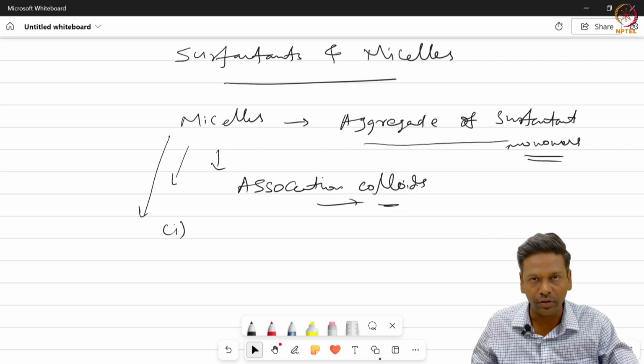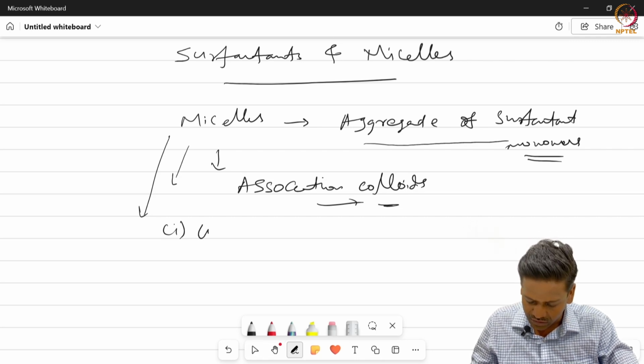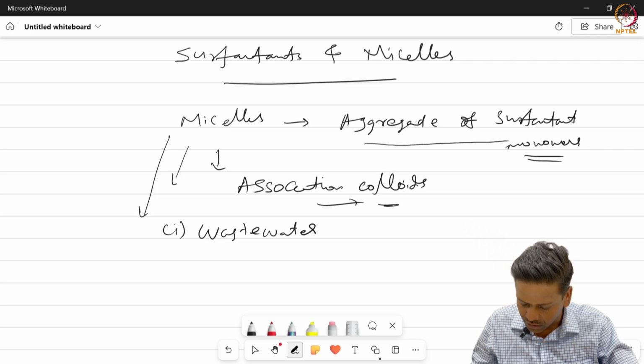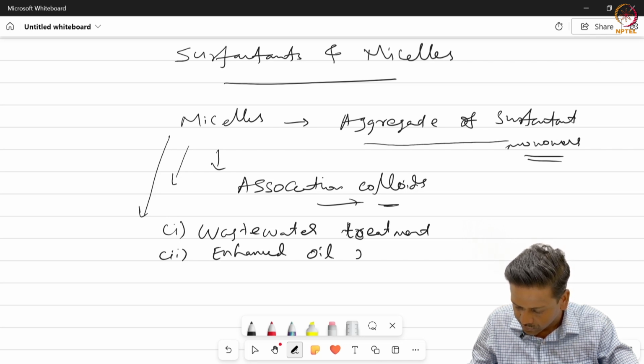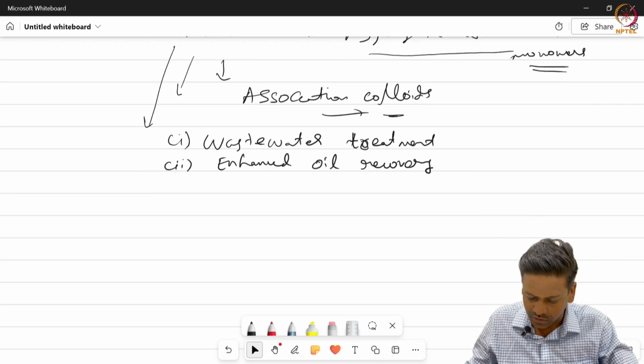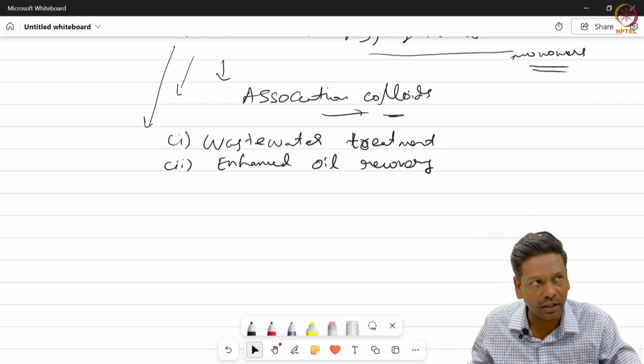If you want me to list a few, maybe you can say that it is also used in wastewater treatment, or you can also say enhanced oil recovery.